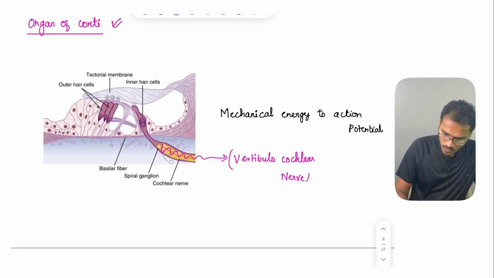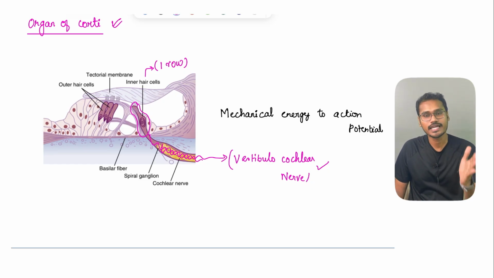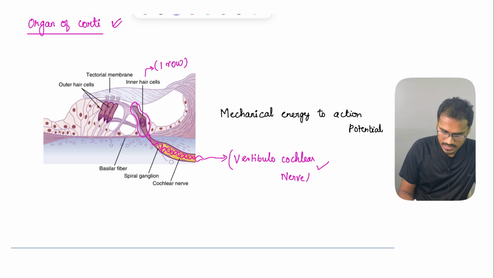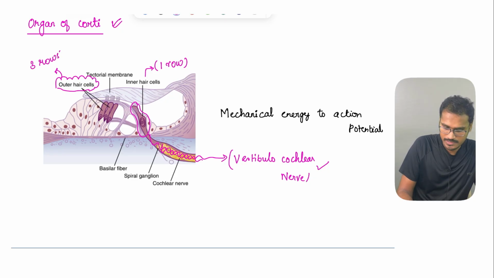It has one row of inner hair cells. There is only one row of inner hair cells, but the inner hair cells are the ones which get attached to the vestibulocochlear nerve, which is going to convert this mechanical energy into an action potential. And there are outer hair cells. These outer hair cells will help to increase the sensitivity of the inner hair cells, and generally there are 3 rows of outer hair cells.